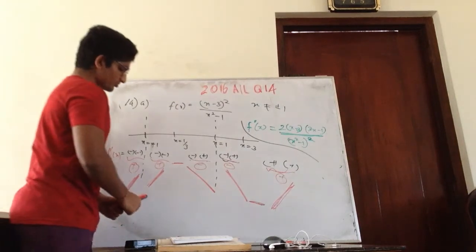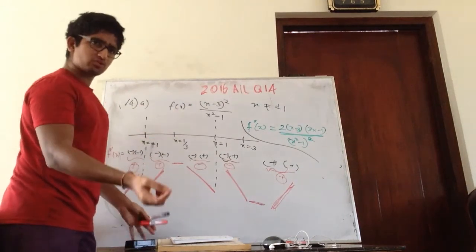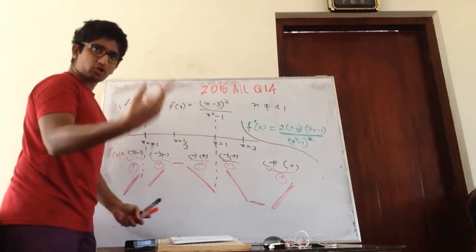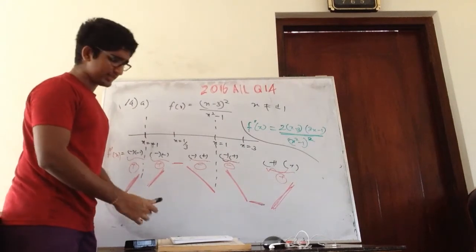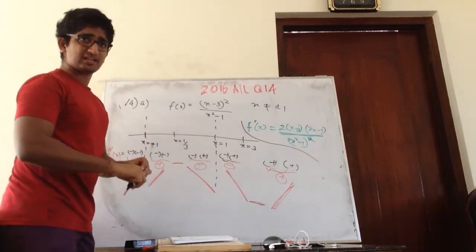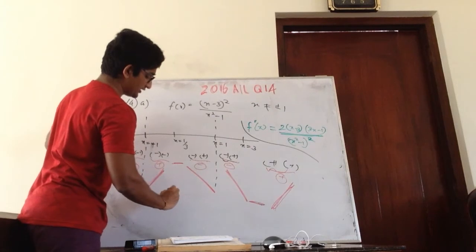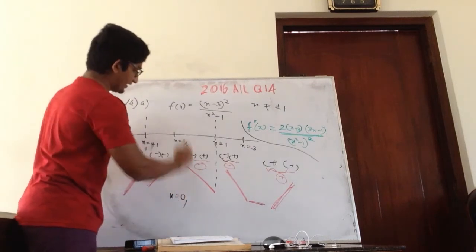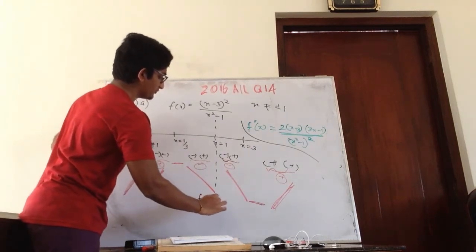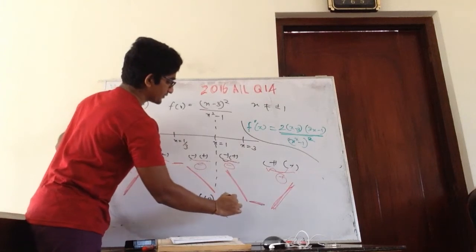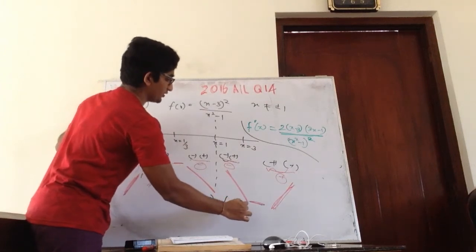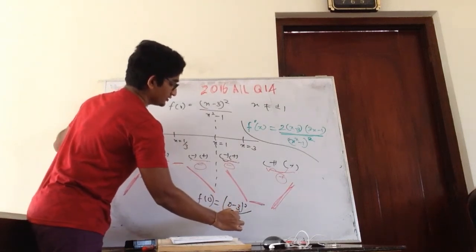Right now? So now I know all the points. The only thing remaining is to find the corresponding value when x equals 0. So at x equals 0, f(0) means 0 minus 3 squared, 0 minus 1.